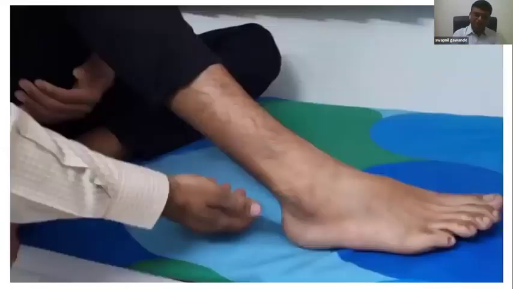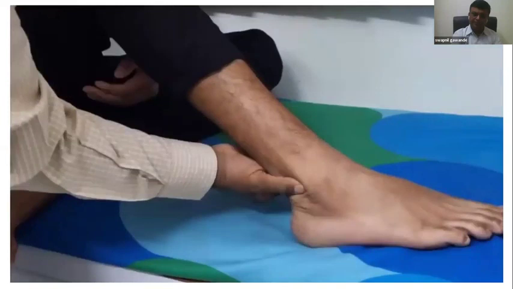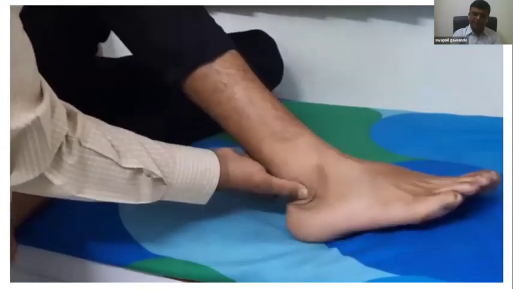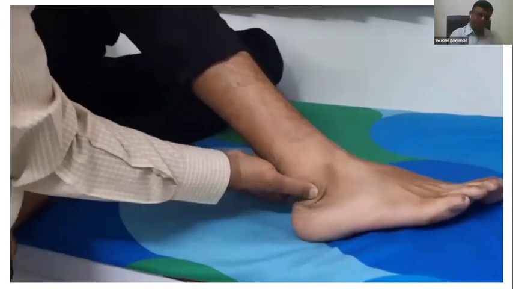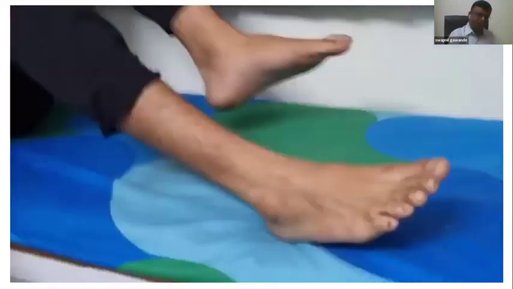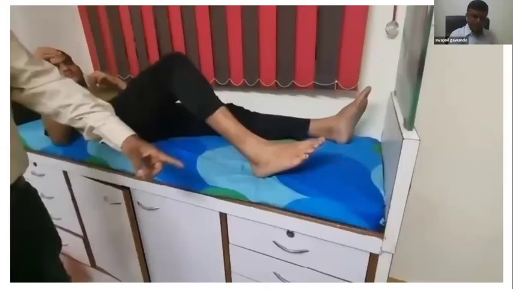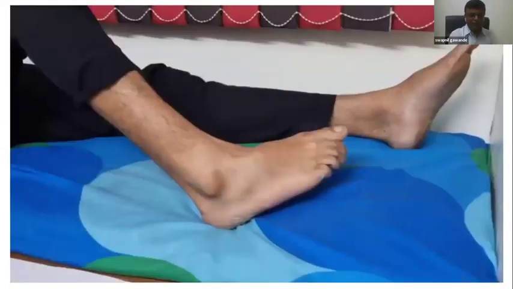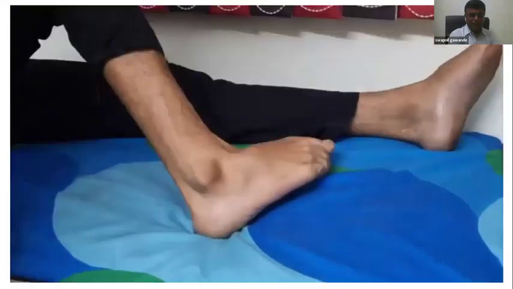This is called passive movement. Passive movement is what I do with my hands, not using the patient's own force. Now I am palpating again and confirming the site of the abnormality, where there may be a problem.